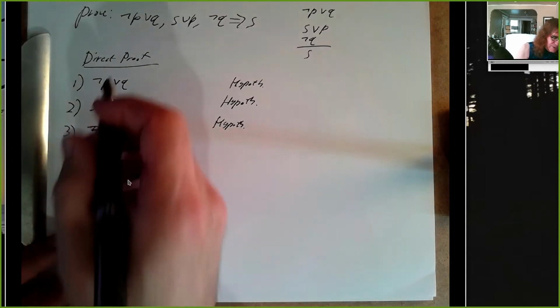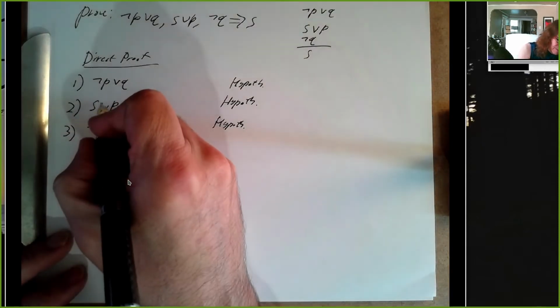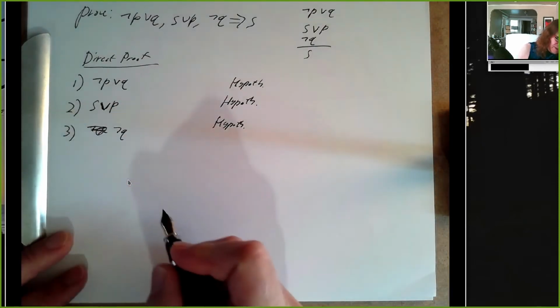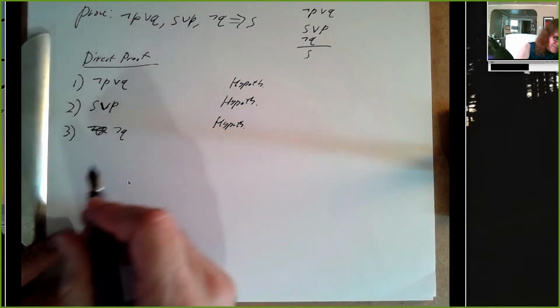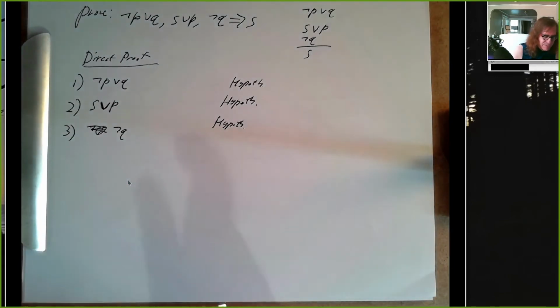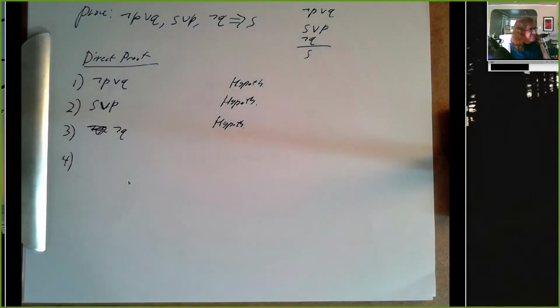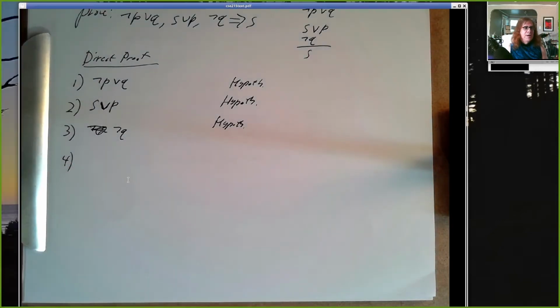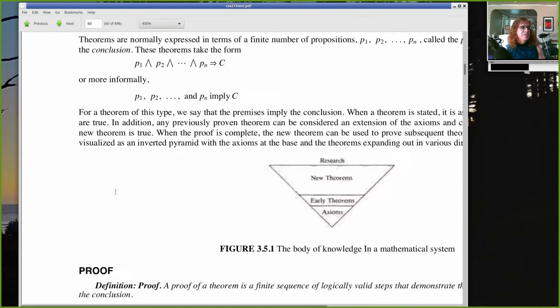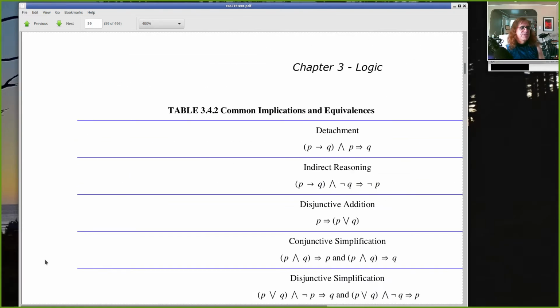Okay, so let's go logically from here. I've got not P or Q, I've got S or P, and I've got not Q. What might be a possible fourth step? And let me bring up my page 59 again.